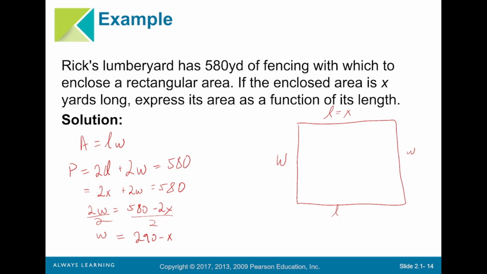Okay, so then that means that each of these widths I could replace with w equals 290 minus x. Well, that means I can go back to my area formula, and I know area is my length x times 290 minus x. And all of a sudden, we've expressed the area as a function of that length. That was what they asked for.